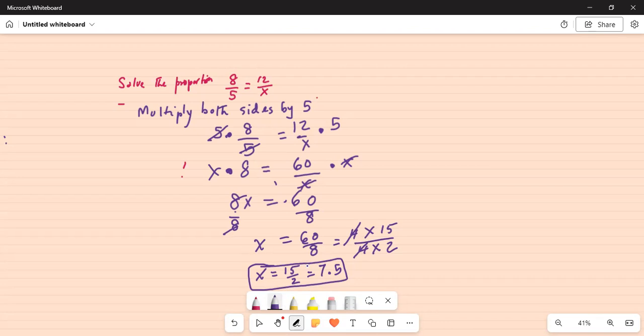Now I got 8x equal to 60. So 8 times x, I have to remove that 8 factor in front of x because I have to isolate x by itself. And that I can only do by doing the opposite of multiplication, which is division by 8. So x is 60 by 8, and the common factor in the numerator and denominator in this case is 4. So they cancel out. So x is 15 over 2, 7.5 is the final answer.